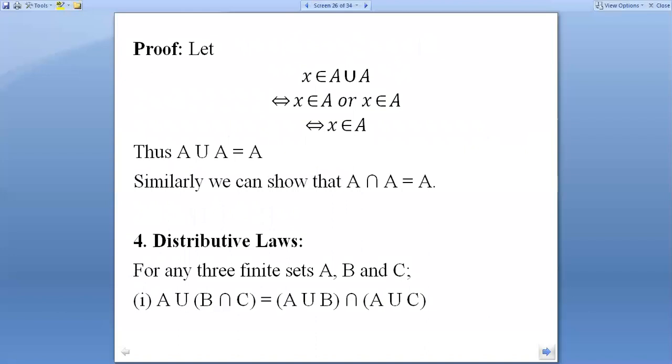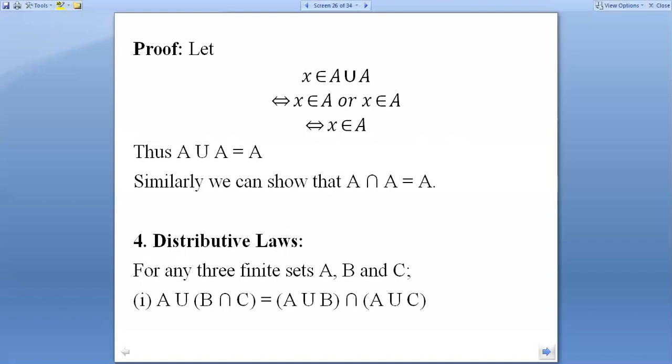Here I take X belongs to A union A if and only if X belongs to A or X belongs to A, and understood, if it is belonging to A in both the cases, then X belongs to A, and vice versa this result also holds. So we can say that A union A is equal to A, and similarly we can show that A intersection A is equal to A.